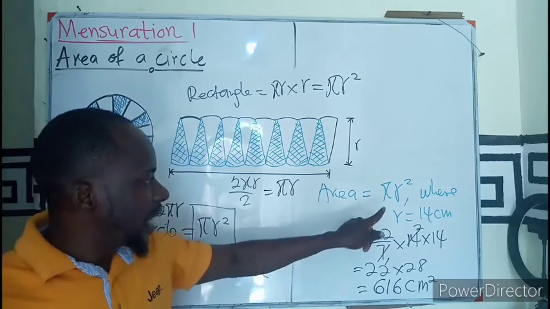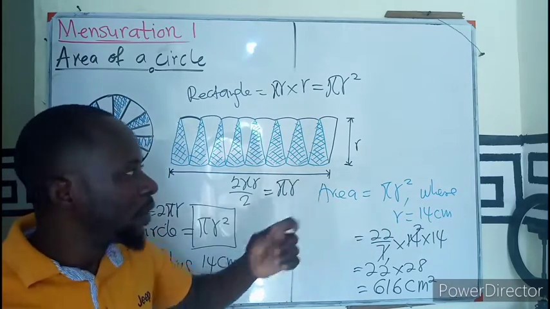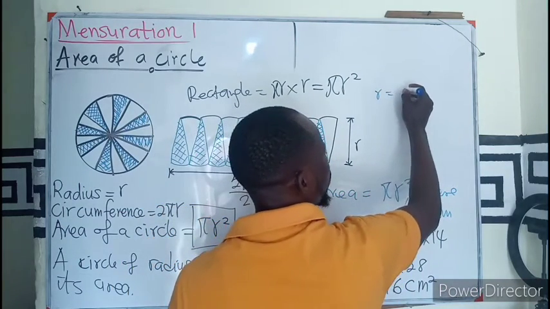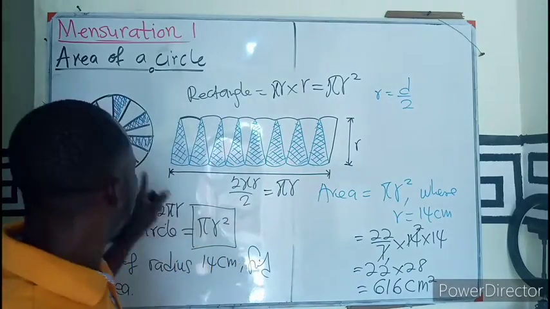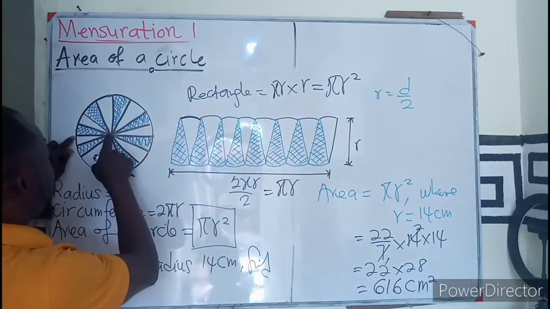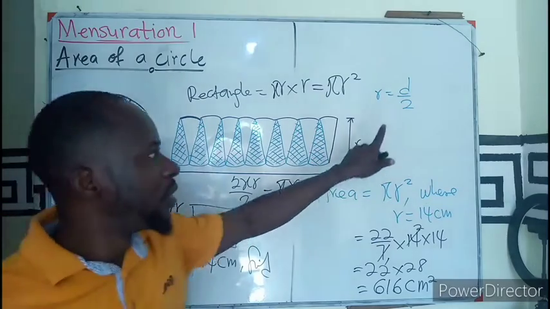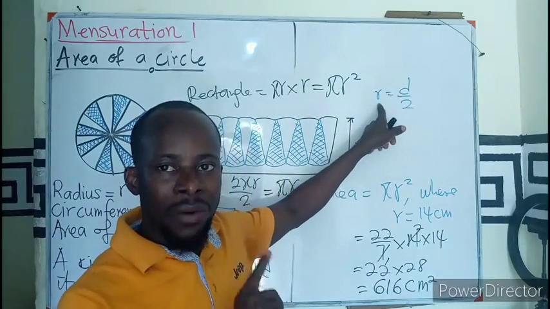Don't forget, as much as we are using radius, we can also make use of diameter, where we know that our radius equals diameter over 2. Meaning, if this is a radius, two of them, this and this form a diameter. So if I divide the diameter by 2, I get a radius.